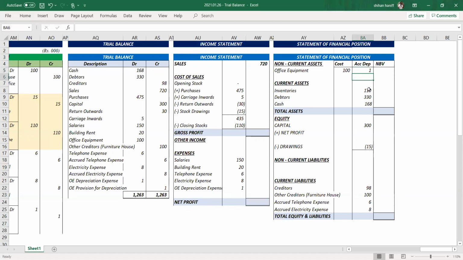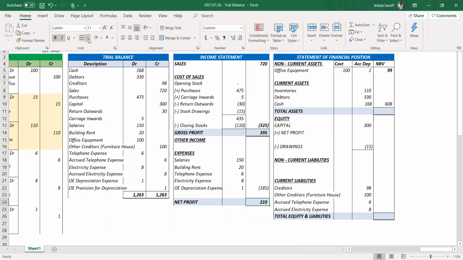Accumulated depreciation is 1,000. Net profit is 210,000.